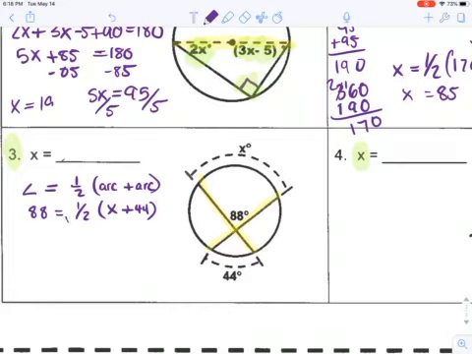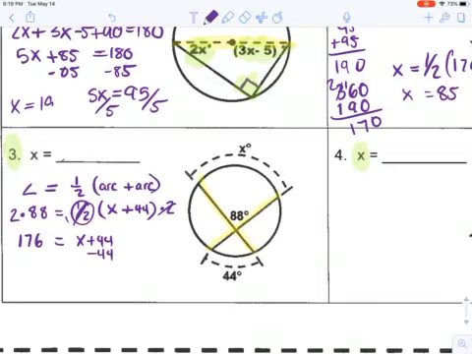First thing I'm going to do is get rid of the fraction. How do I do that? Multiply. Here, the fractions go away, and here 2 times 88 is 176. 176 equals x plus 44.